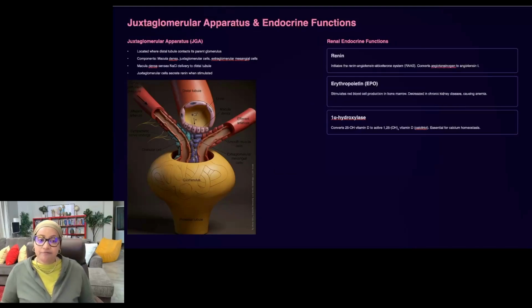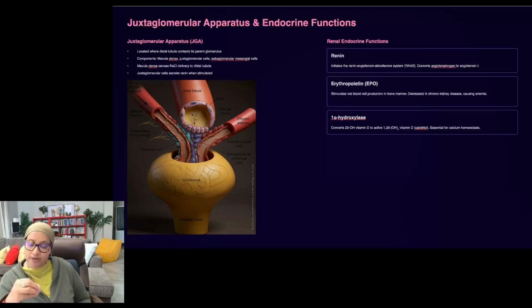Okay, now before I finish this, I think you got so much important information out of this discussion. I would like to mention this system. It's called the juxtaglomerulus apparatus, and as I mentioned earlier, the kidneys or the renal system has two functions. One function is excretory, and this is the function everybody knows about.